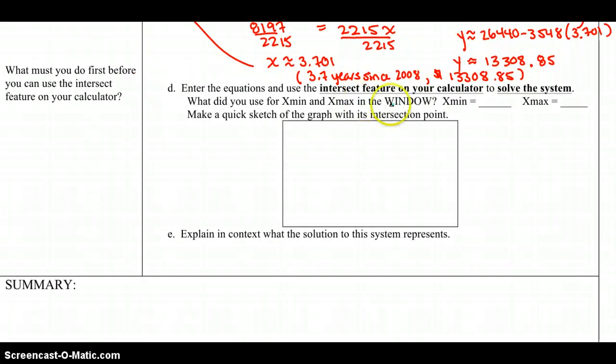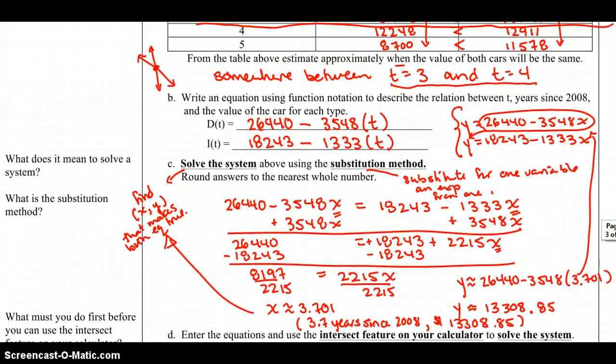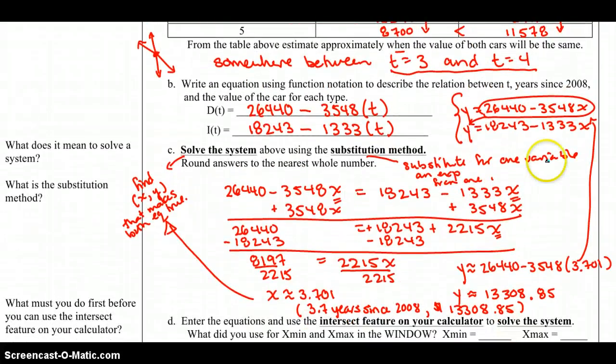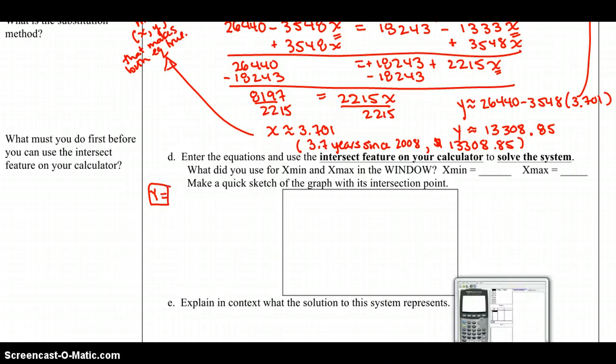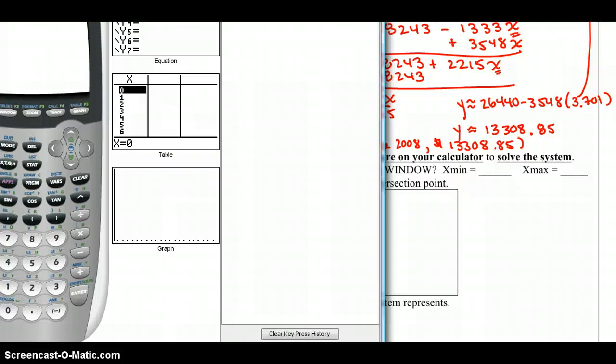Alright, so now using the intersection feature on our calculator. Okay, so up above when we got our equations, these two equations we need to enter into our calculator. So we need to push y equals, and we need to enter those two equations.